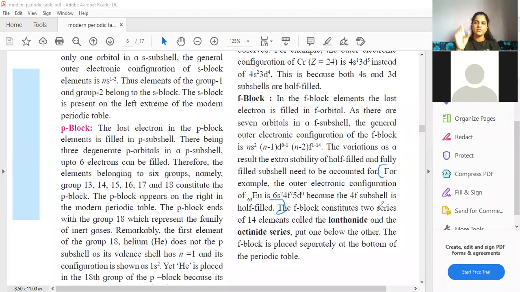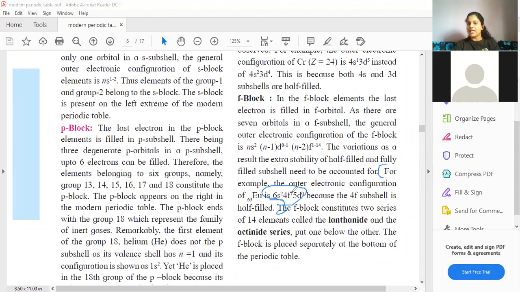Students, take this as homework. Take this element, atomic number 63, and write its entire configuration normally, according to the energy level and everything. Observe what you are getting. That is your expected configuration, and what they have written over here is the real configuration. You can see here it is becoming 4f7.